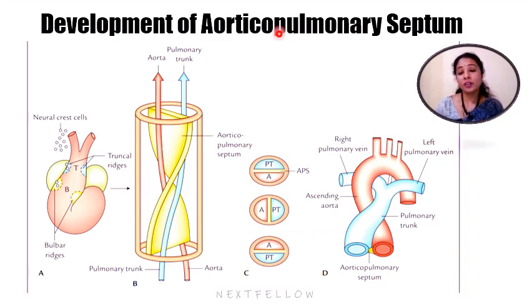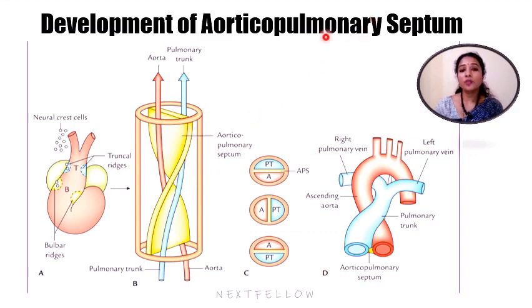So the neural crest cells form the aorticopulmonary septum. So mesenchymal cells derived from the neural crest cells that migrate in the walls of the truncus arteriosus near the conus grow in a spiral fashion, and you can see in this image how they grow. So the red one is the aorta and the blue one, so they get twisted here. And aorticopulmonary septation divides the truncus arteriosus into aorta on one side and pulmonary trunk on the other side.